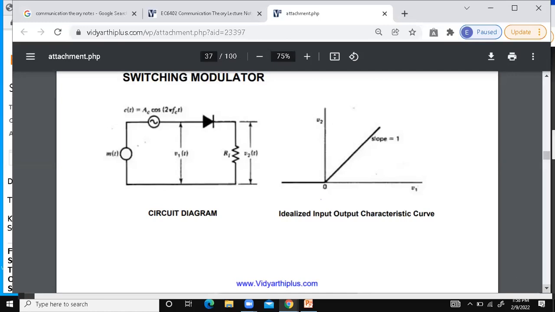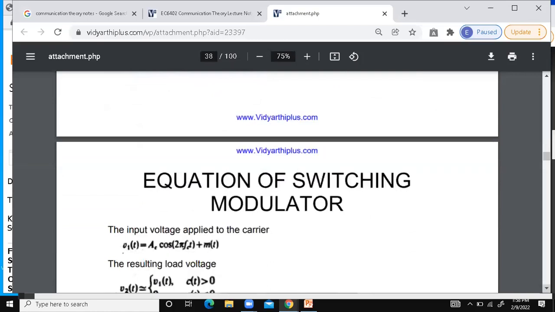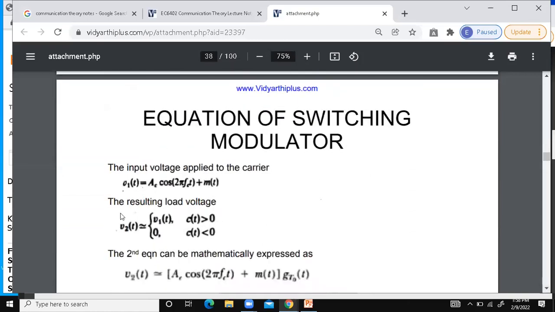Yes, sir. So V2 would follow V1 for the positive half cycle, and it will become 0 for the negative half cycle. You agree with me?